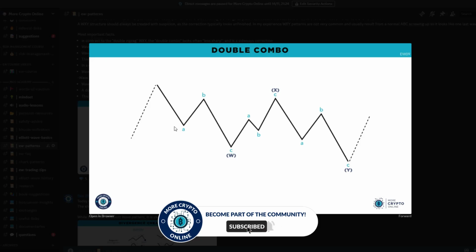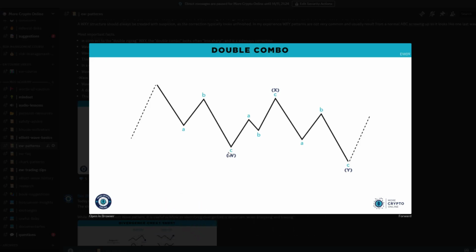At the moment we have an ABC structure to the downside, which could normally complete an entire correction. But as I just explained, the rally was in 3 waves as well. So it is a possible 3-wave move down and a 3-wave move up. If we now see another 3-wave move down, we have a WXY correction, and that is just an extension of this entire correction, right?